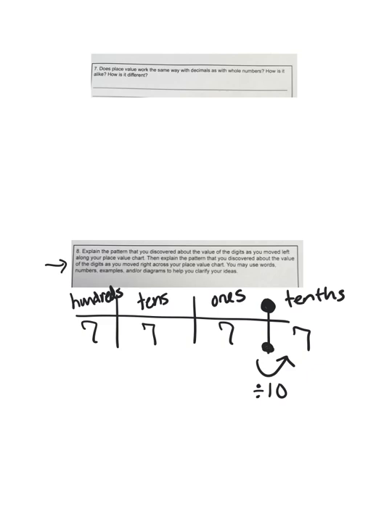The 7 in the ones place divided by 10 gives you the 7 in the tenths place. The 7 tens, or 70, divided by 10 equals the 7 in the ones place, or 7 ones. 700 divided by 10 gives you 70. So each digit in your place value chart is divided by 10 as you move from left to right.